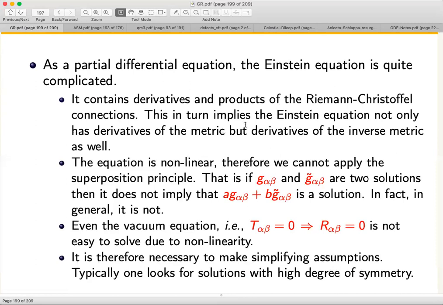We remember that the Riemann-Christoffel connection involves the inverse metric as well as the derivative of the metric. So if the equation contains products or derivatives of Riemann-Christoffel connections, you not only have derivatives of the metric, but also derivatives of the inverse of the metric.